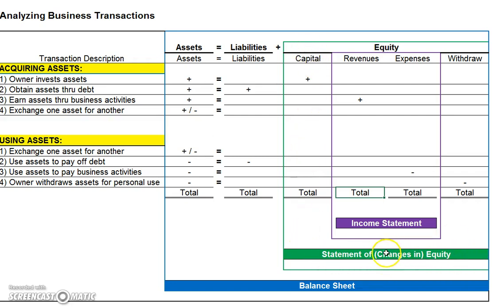Now let's move to the statement of equity. The statement of equity then has the beginning equity balance plus any owner's contributions, which would be recorded in the capital column. And then we have to add our net income and minus our withdrawals. And so all of these columns here are the numbers that you would see on the statement of equity then.